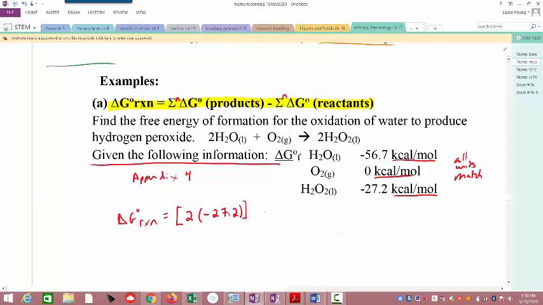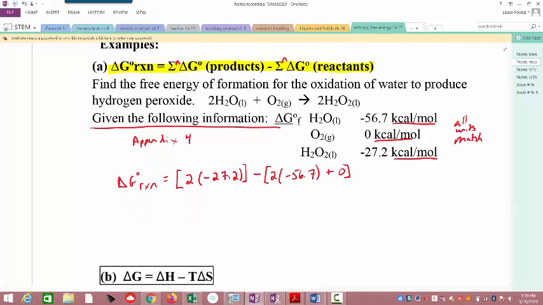Okay, and then we subtract the reactants. So we have 2 waters at negative 56.7 kilocalories per mole. And then we have oxygen, which is 0 because delta G for elements in their standard state are 0.